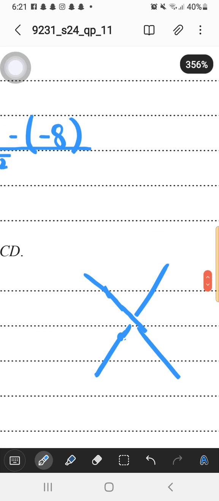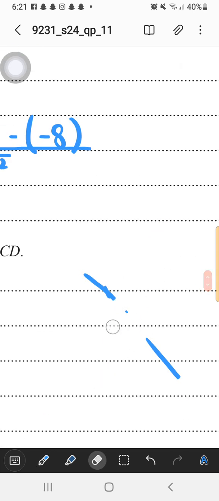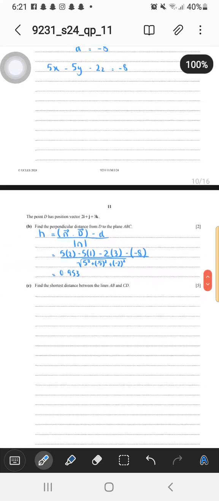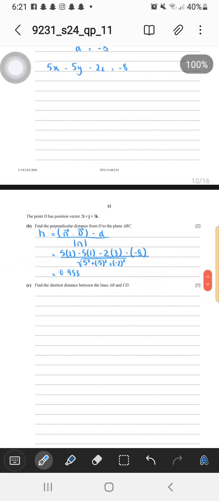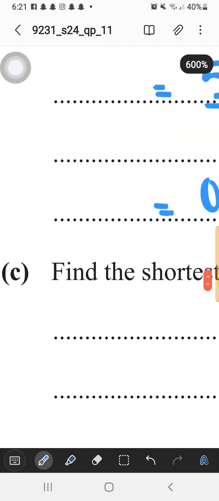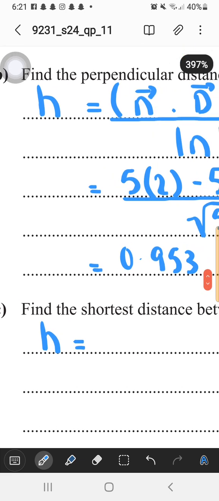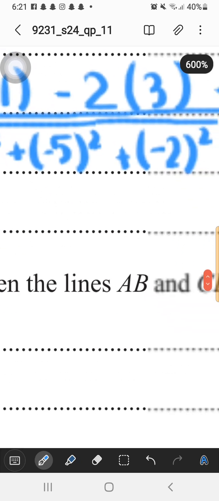Okay, so I'm showing now how to find the shortest distance. So the formula is, it is not convenient to write here, so we will look at this.